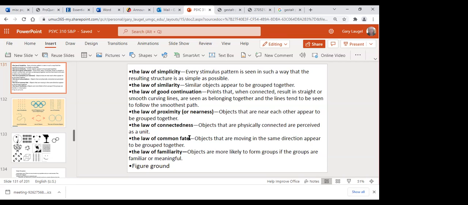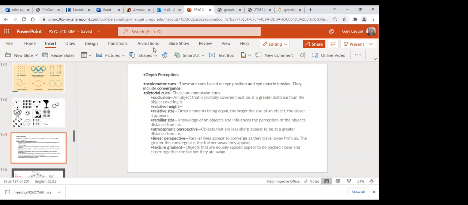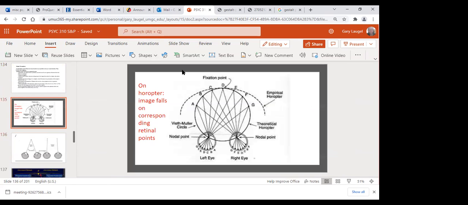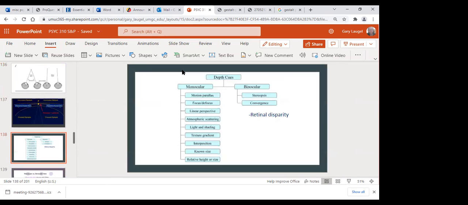And I'd like to say a few words about depth perception. Depth perception is the ability to perceive distance. Now, some of them are able to be carried out using pictures. Those are called the pictorial cues, and those would include the monocular cues, the ones that work with just one eye.